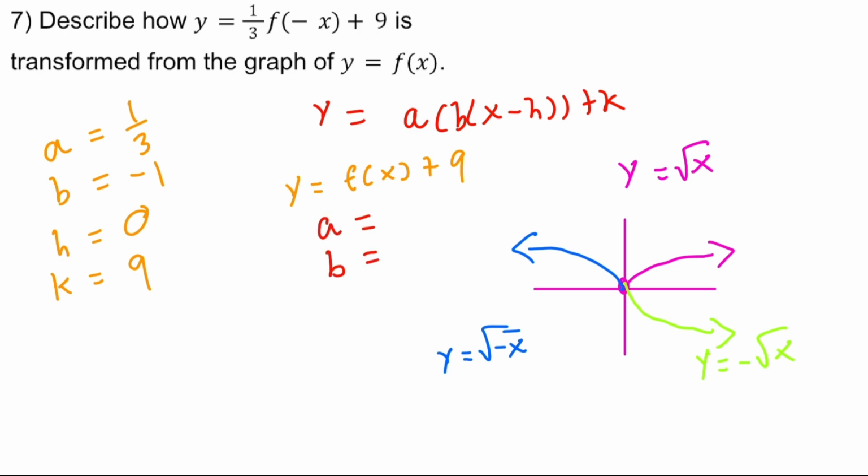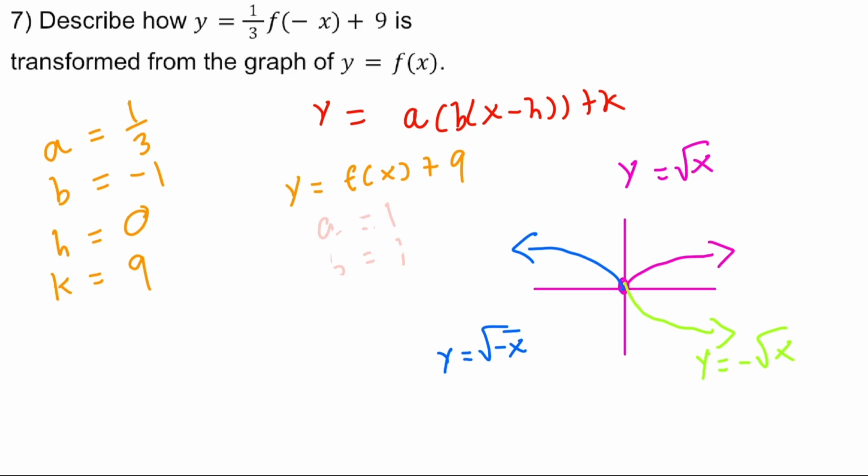With a and b values, this is what we call multipliers, right? A is getting multiplied to the function. B is multiplying x. Since that's the case, a and b would have to be 1 if we don't see a different number. Because if you're multiplying f of x by 0, you wouldn't have a function, right? You just have 9. So distinguish these multipliers from these quote-unquote adders.